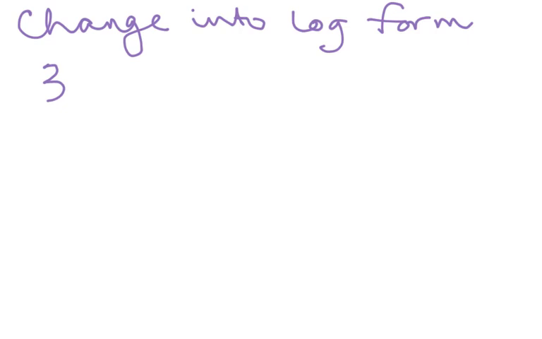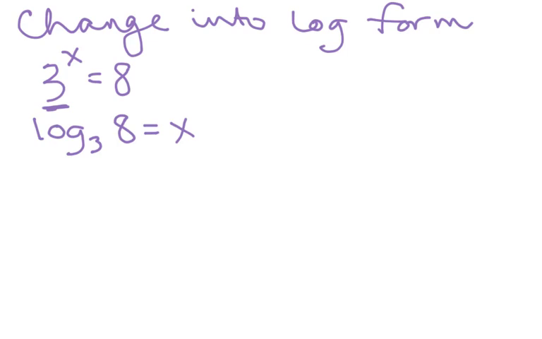So let's say I have 3 to what power equals 8. Clearly I don't know what that is, but what I could do is change this into log form. Okay, so remember that here's your base, so you're going to write log base 3, and then we want to know the answer. So this is where the 8 goes. It's always equal to the exponent.